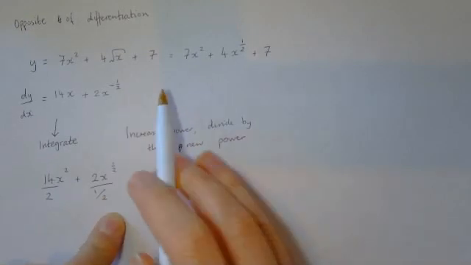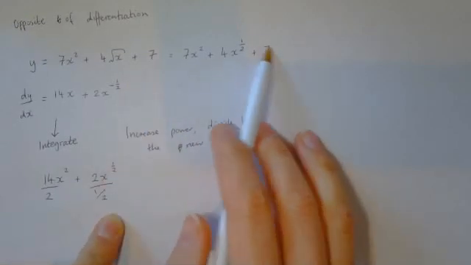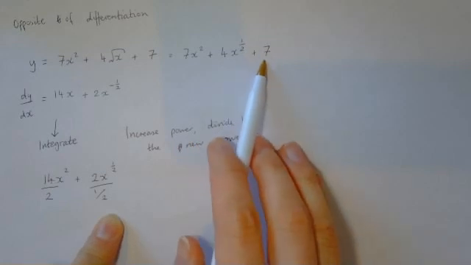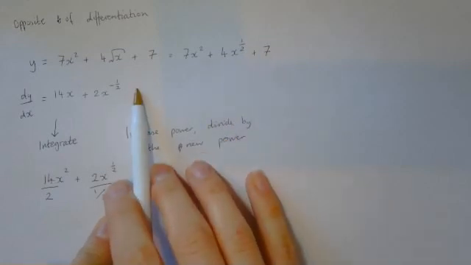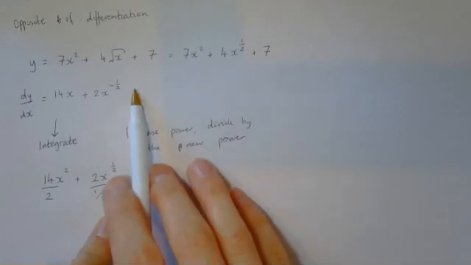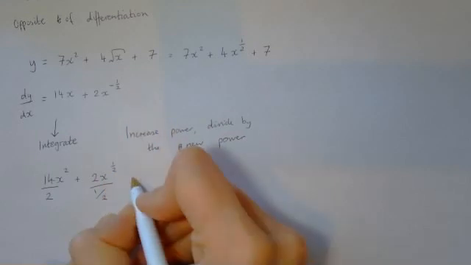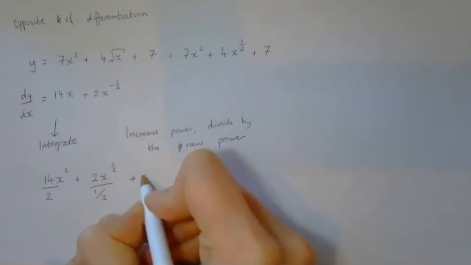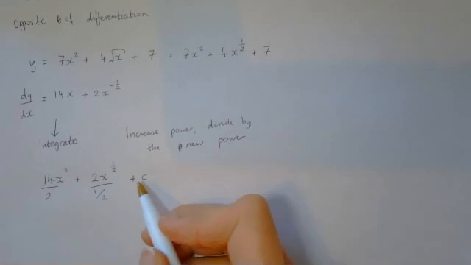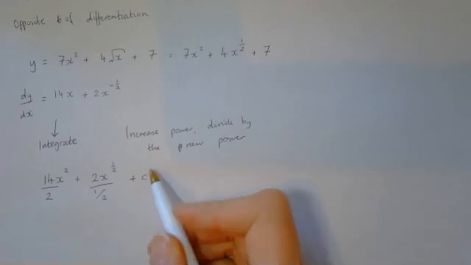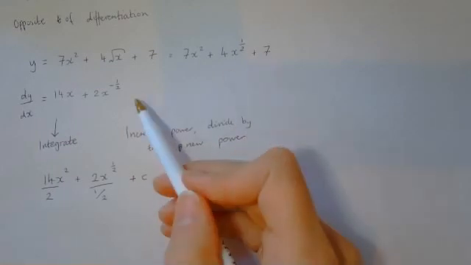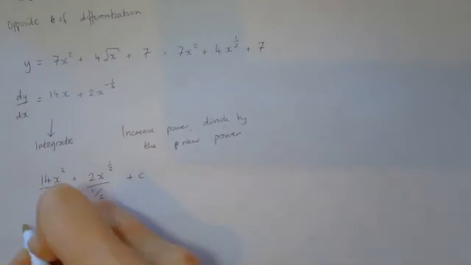Now the eagle-eyed among you is going to spot that in my original I had a number. When I differentiate, that number disappears. When I integrate again, I've got no way of knowing at the minute what that number was. So for integration, when we integrate, we always put a plus c. And that c just represents any number that we might have lost when we differentiated.